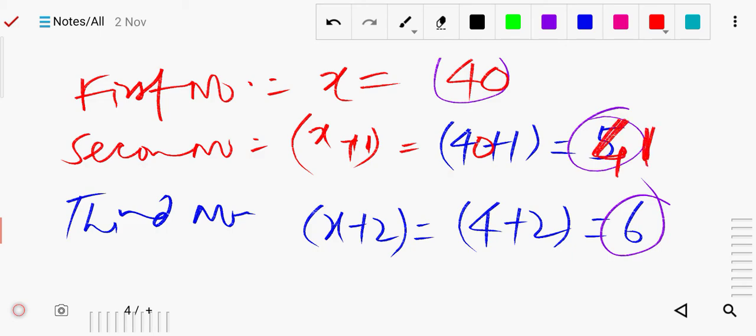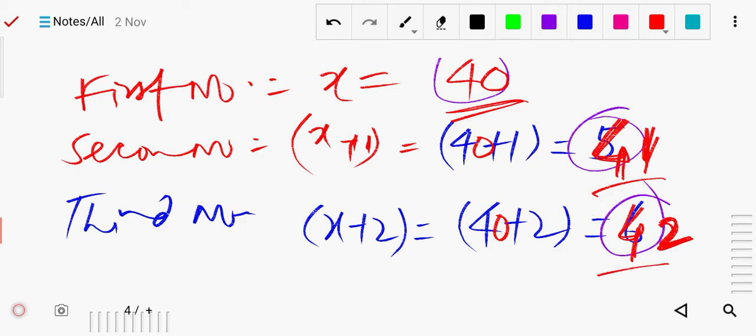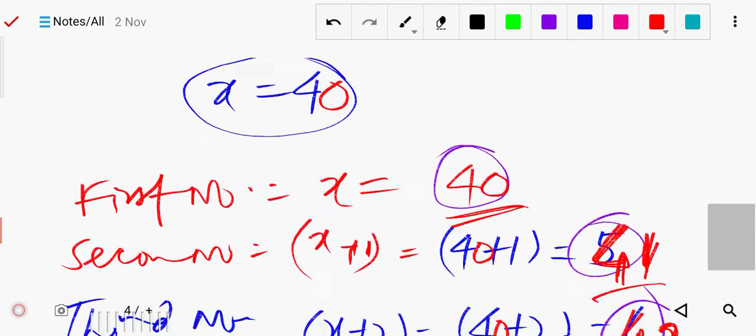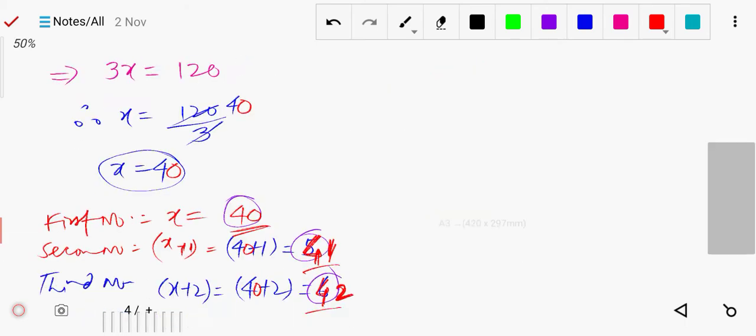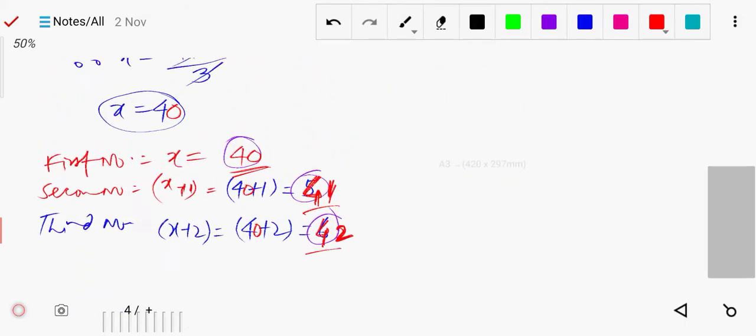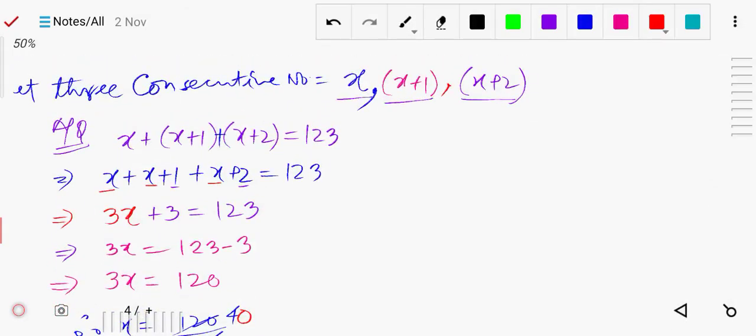And 40 plus 2 will be 42. Now correct it: the answer will be 40, 41 and 42. In this way you can solve it. This is the solution. Consecutive means just numbers one after one.